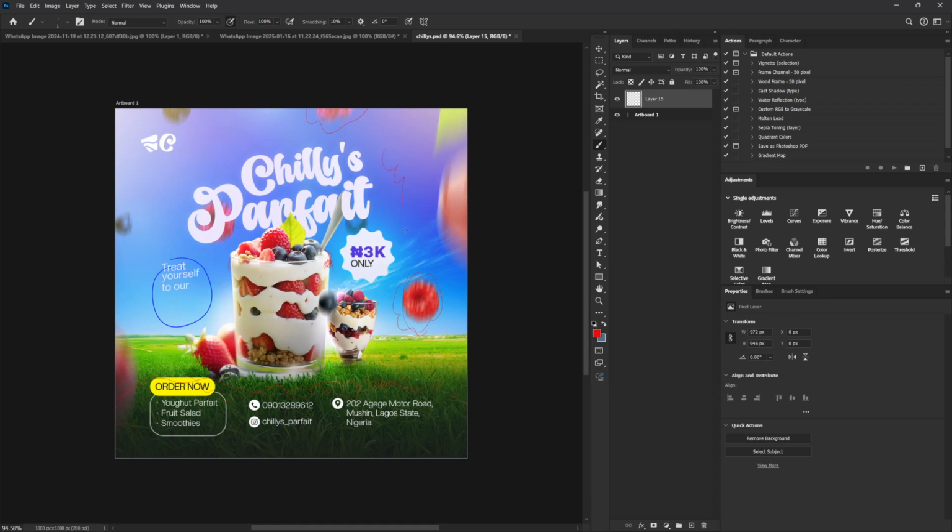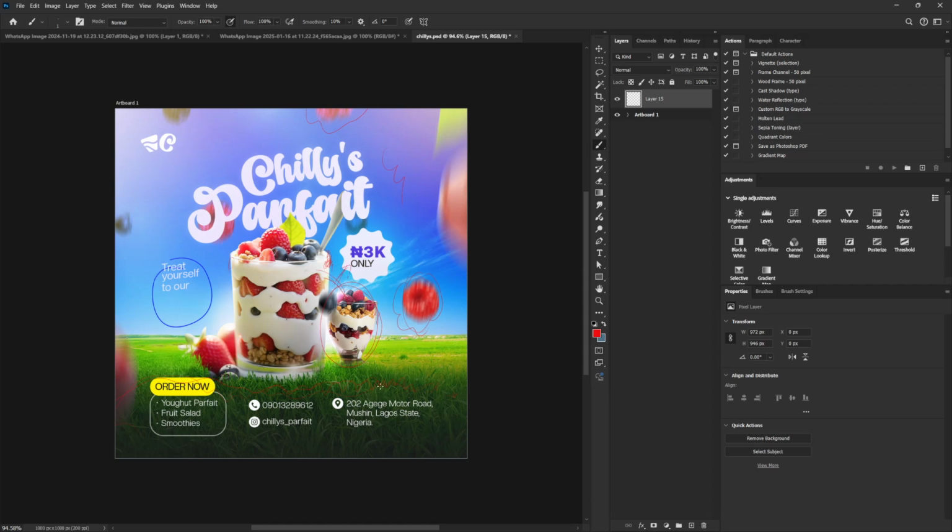All right. And then the other thing I think is not really necessary here is this. Why? Because you're trying to say that you can buy this perfect for 3,000 naira, which, for those of you who are not Nigerian, is the Nigerian currency. But for you to put this next to this, you're going to get the viewers confused, thinking you can get this too for this amount.